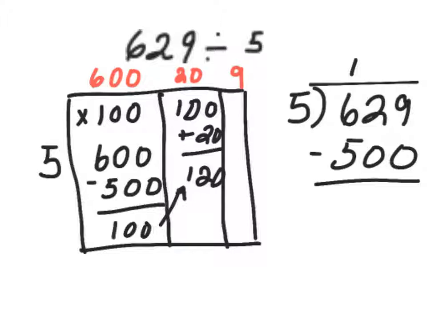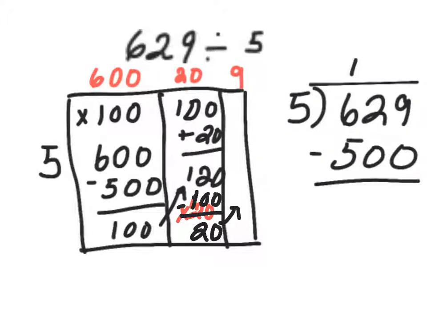I know if I multiply 5 times 20, that will give me 100. 100 from 120 leaves me with a value of 20. And I bring it over to the next place value.